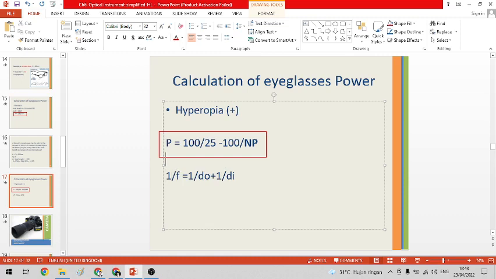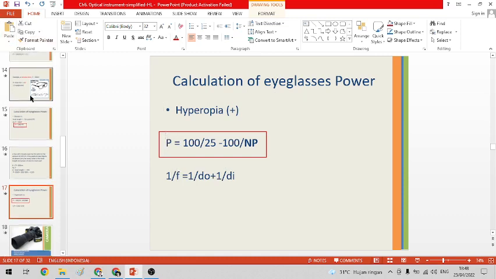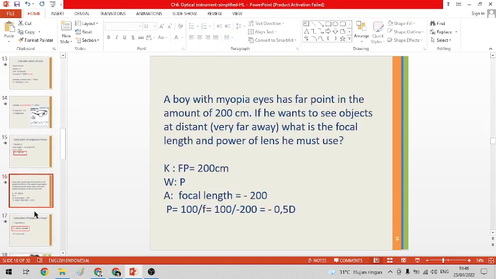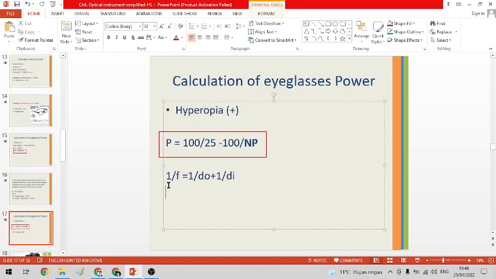But we want to find the power, which is 100 divided by f, right? But this is only 1, so I must multiply both sides with 100. So it will become like this, 100, and for the other side, also 100. So we can get the power.